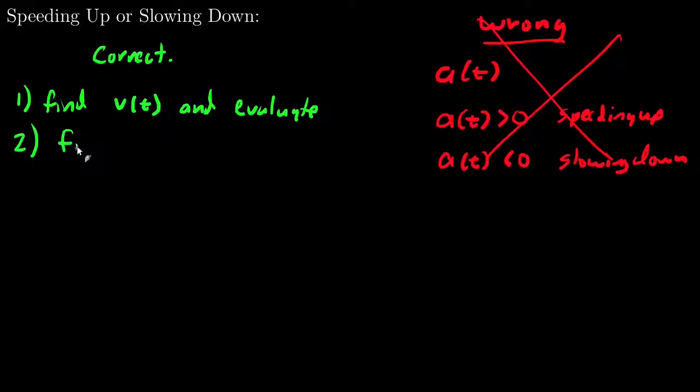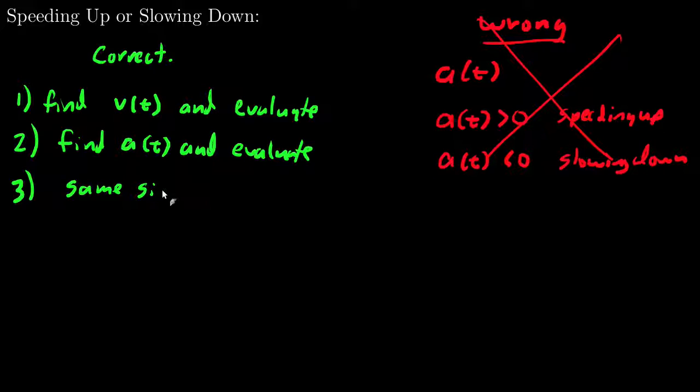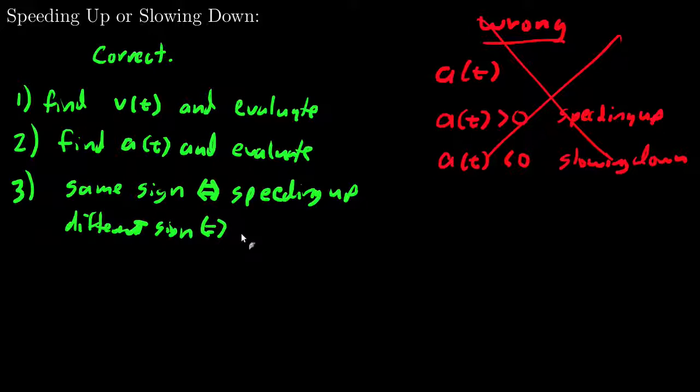Second, find a of t and evaluate. And finally, if they have the same sign, both positive or both negative, that means that it's speeding up. I'll explain why shortly. And if they have a different sign, one's positive, one's negative, then that means it is slowing down.